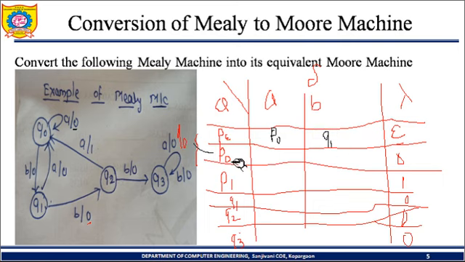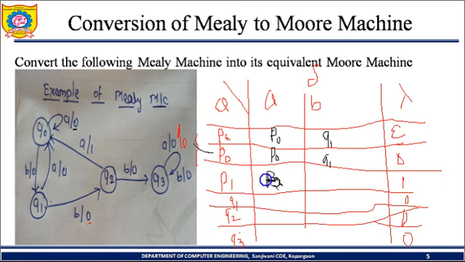Okay, now P0 with A input. P0 means again original is Q0 with A input, again it will be in the same state Q0 with 0 output, and Q0 with 0 output state is P0. So here we will get the same actually for all three. Why? Because these are the splitting states of Q0.